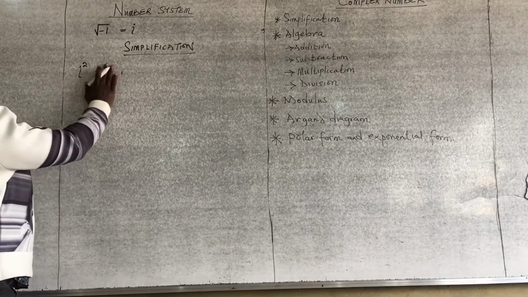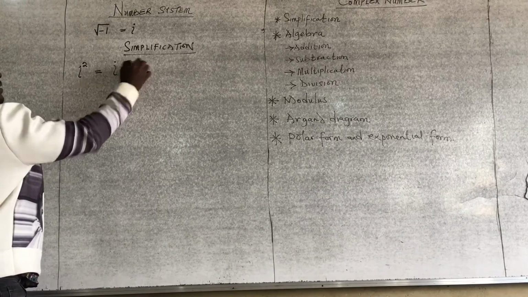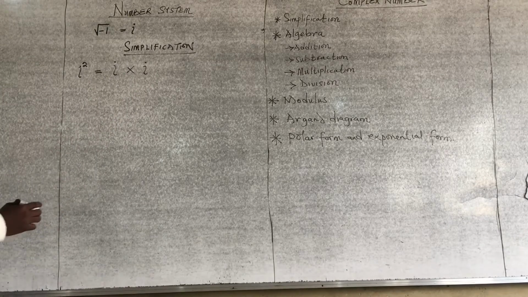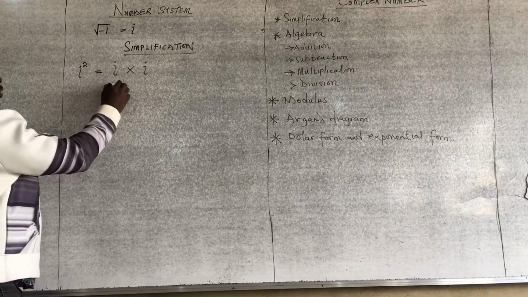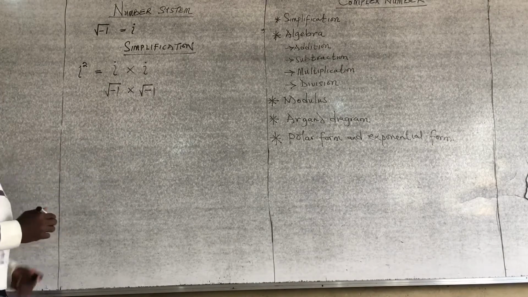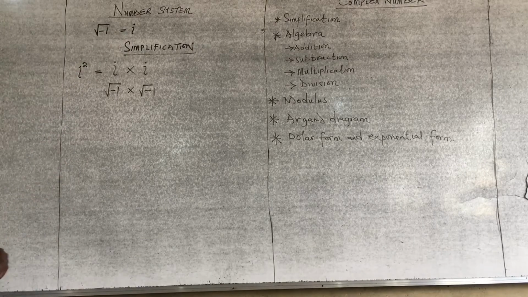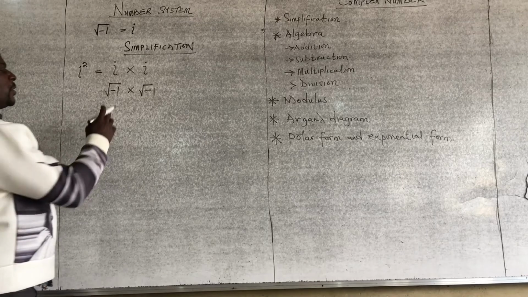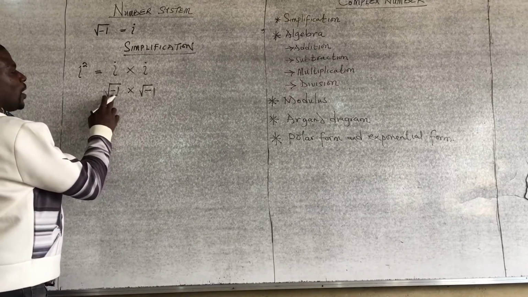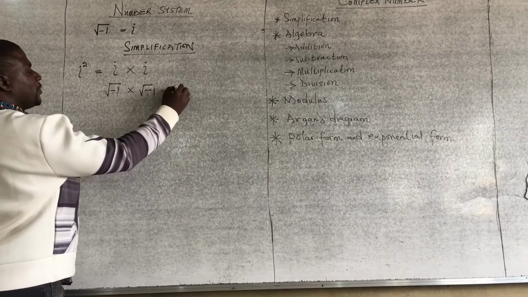You know when you say i squared means i times i. And then i is square root of minus 1 times square root of minus 1, because square root of minus 1 is i. So by the time we multiply this, square root of minus 1 times square root of minus 1, the answer is minus 1.